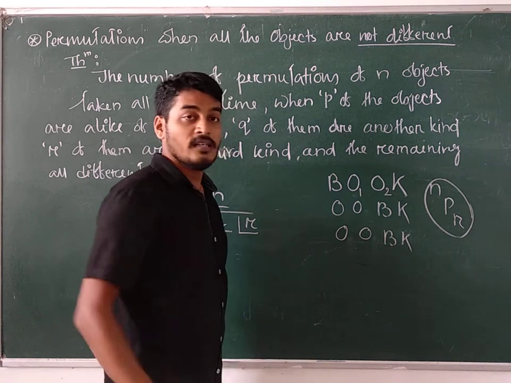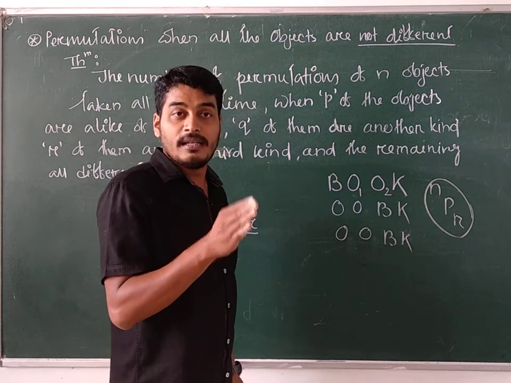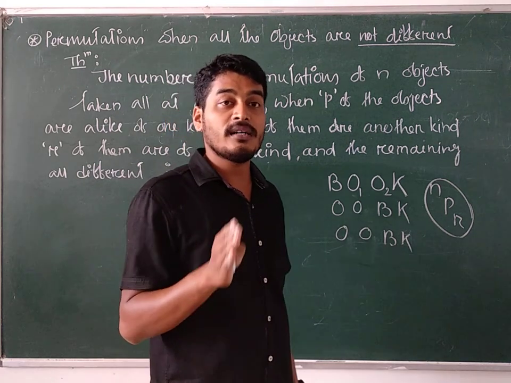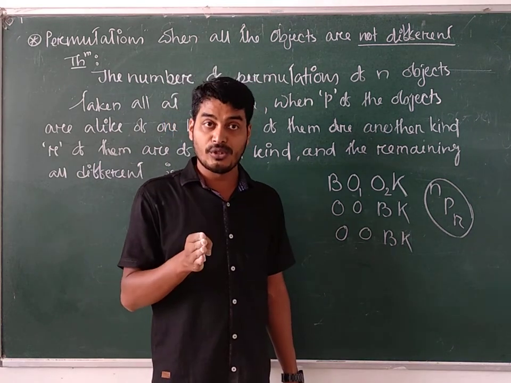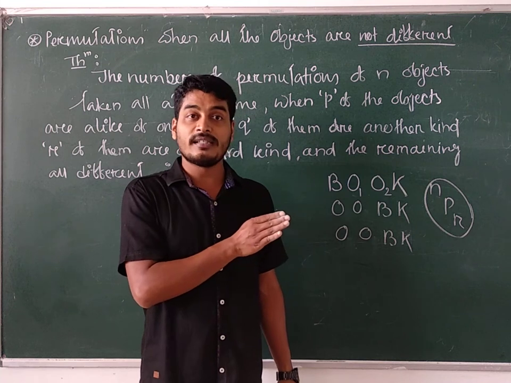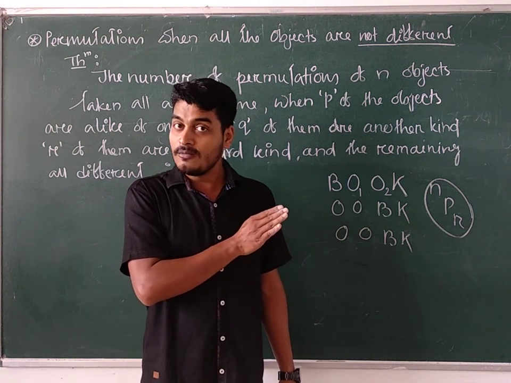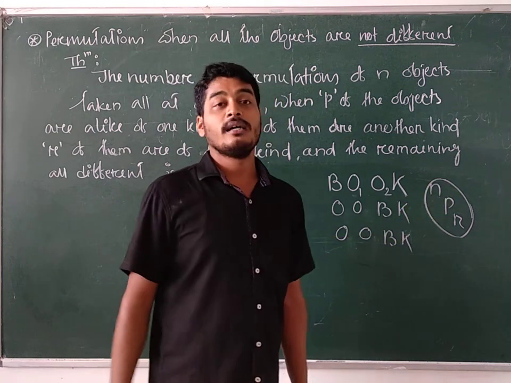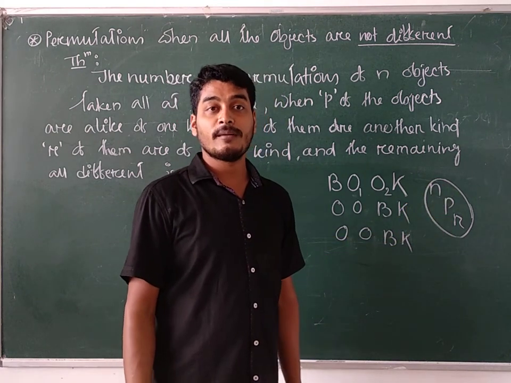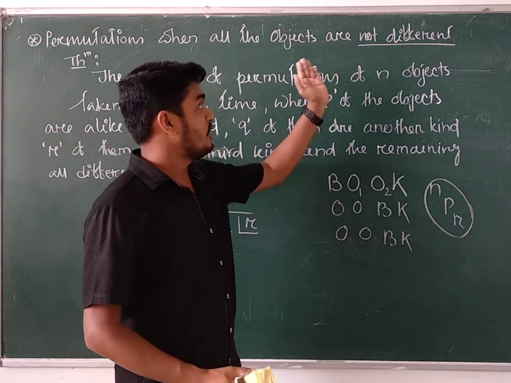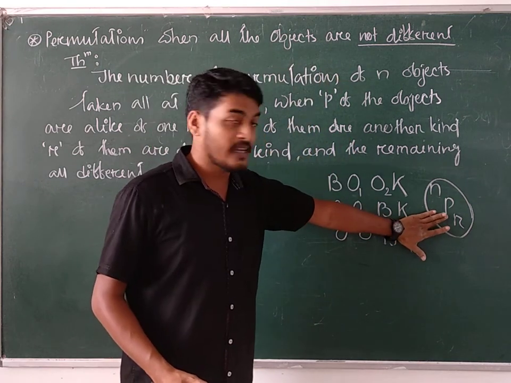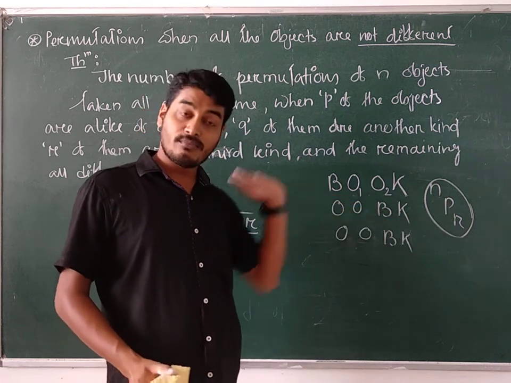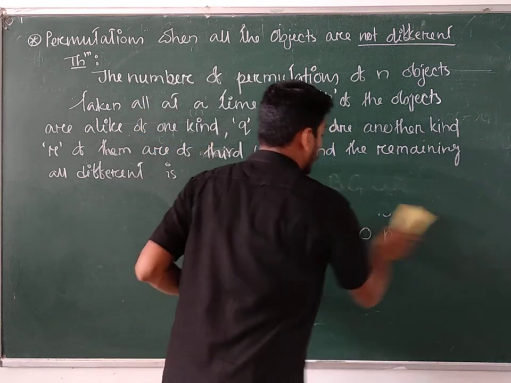Whenever it is an arrangement situation and the objects you use are not all distinct, you can never apply this formula. I say once again: if objects are distinct, then the nPr formula; if objects are not distinct, we have to discuss the formula that follows.